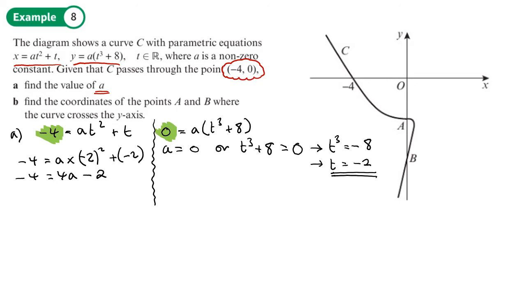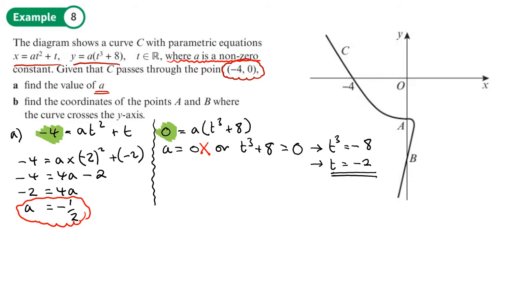In which case I would add 2 to both sides. I've got -2 equals 4a, so a equals -1/2. Okay, so I've now got my values of a, but the question says a is non-zero, so we forget about the a equals 0 value. We're only interested in this one here. So that's part A done.